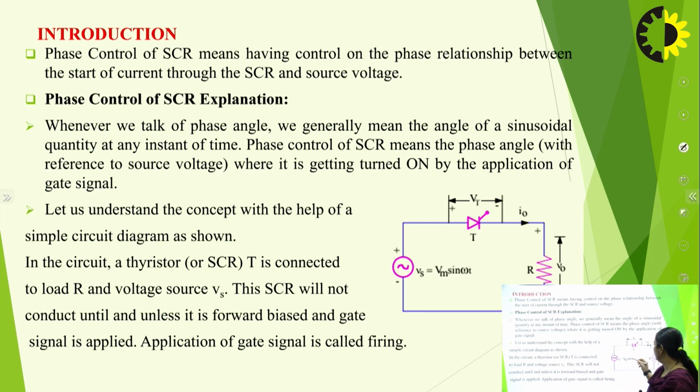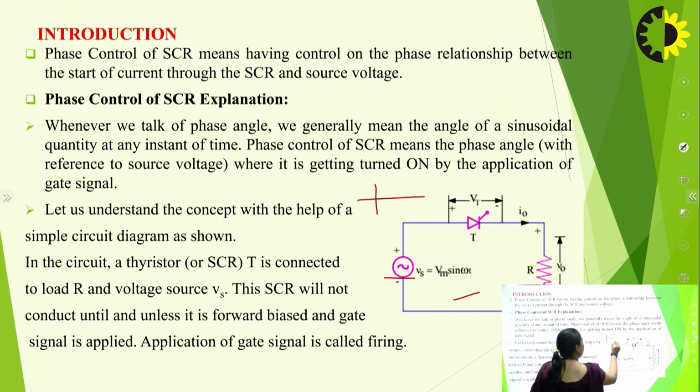With the help of this diagram, I'll explain in a better way. Here you can see a thyristor connected to the load R with the input supply Vm sin omega t. This is the single phase supply, having a positive half cycle and a negative half cycle.